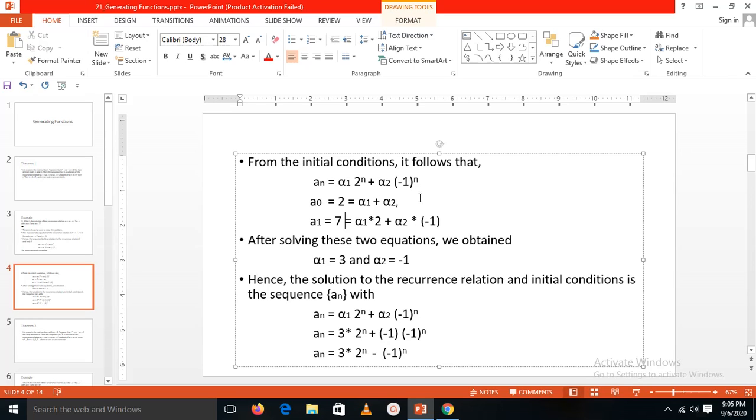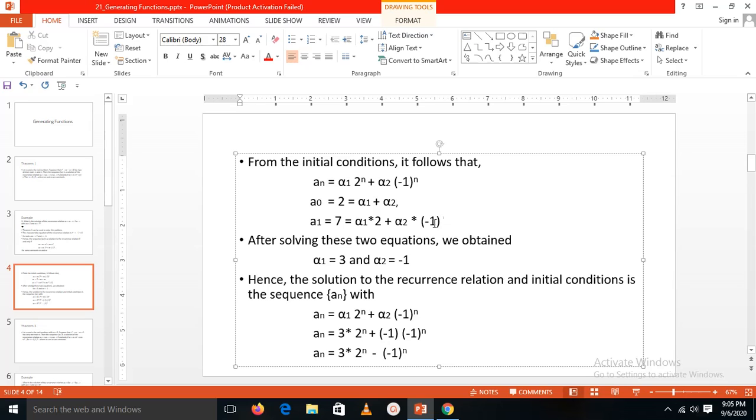The result of minus 1 raised to 1 is always minus 1, not plus 1. Minus 1 raised to 0 is always plus 1, but minus 1 raised to 1 is always minus 1. That's why the sign of alpha 2 in this equation is minus. Okay, you understood the difference.